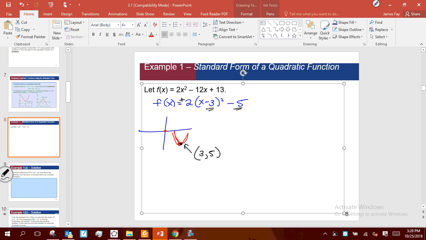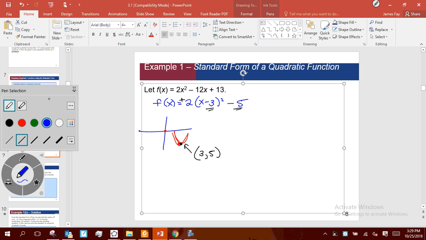If I look at this quantity here with the x, and I take the sign with it, it's always going to be the opposite of that sign. So if it's negative 3, it became positive 3 because it's going to take it in the other direction.